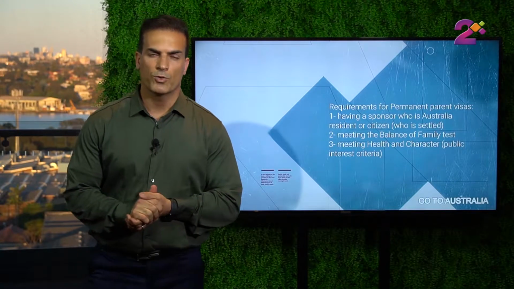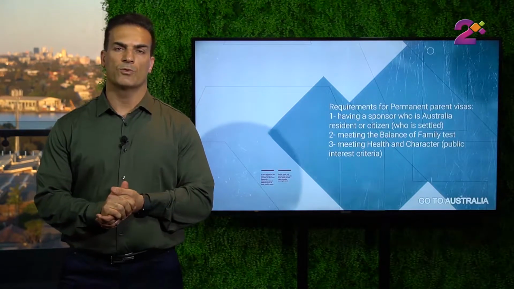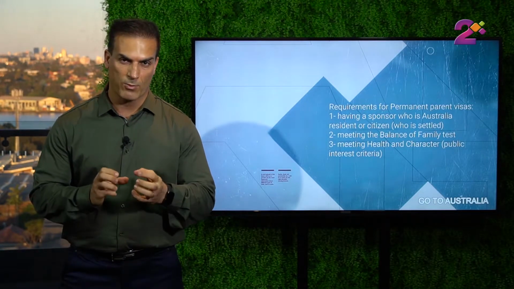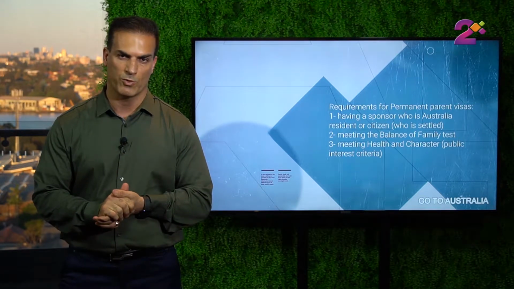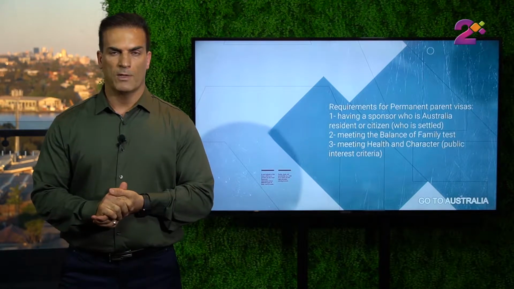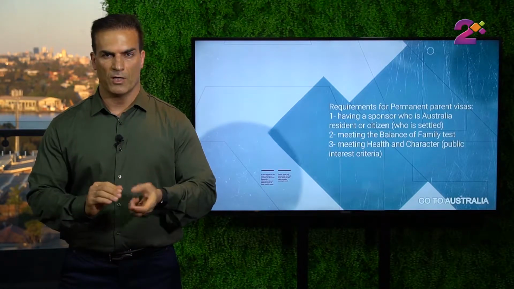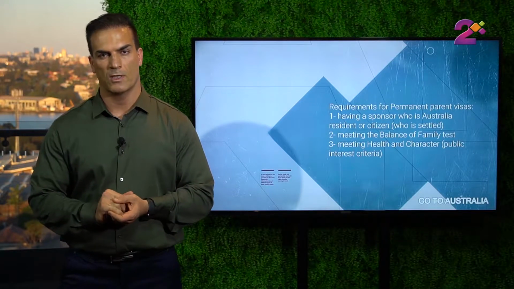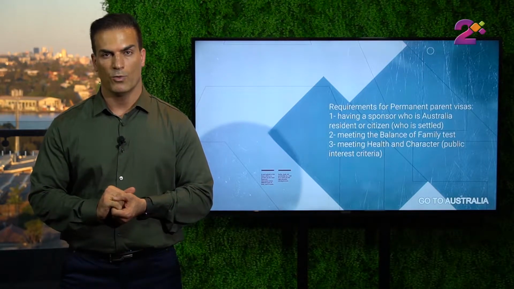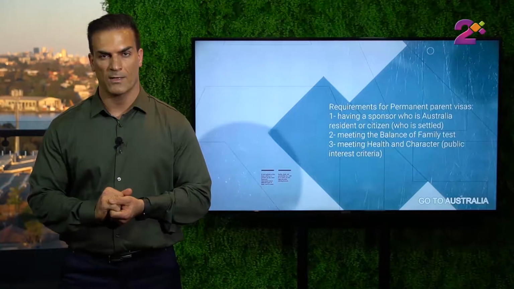Before we go to each category, we need to see the main requirements for all permanent parent visas. The first criterion for a parent to get a permanent Australian visa is to have a child who is a settled Australian resident.